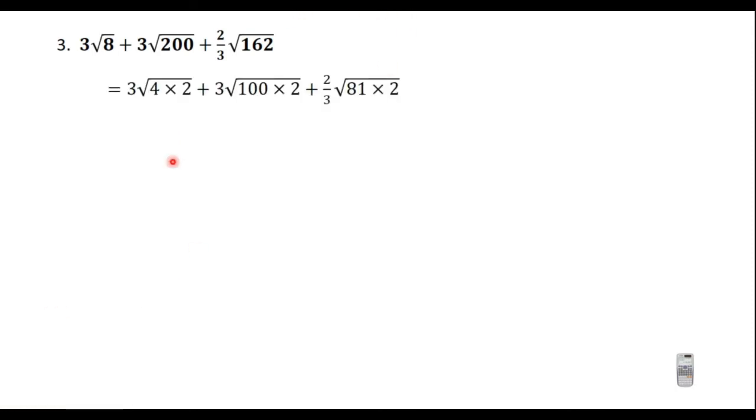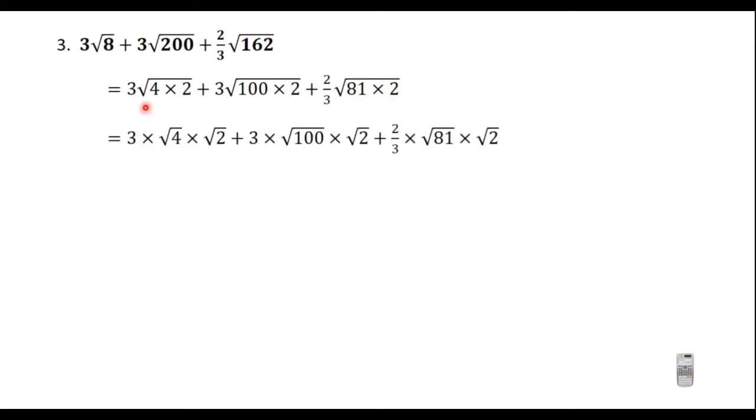Don't forget that 3 is already in front of the square root sign. So we have 3, then square root of 8 is now 4 times 2, then plus 3 is already here. So we have 3, then 200 will give us 100 times 2, plus 2 over 3 is already here. So 2 over 3, then square root of 162, as we have seen, is now 81 times 2.